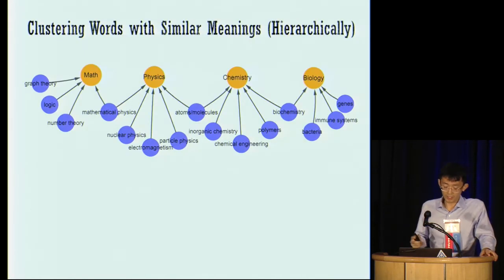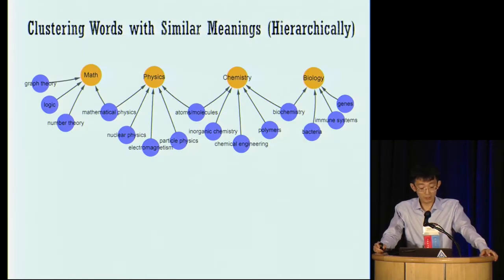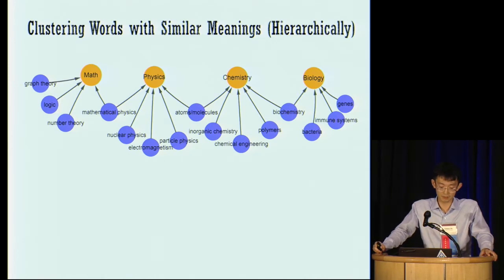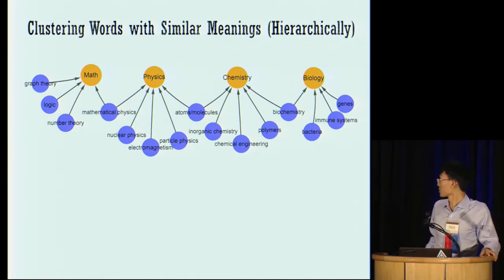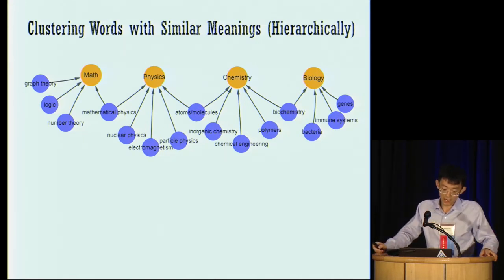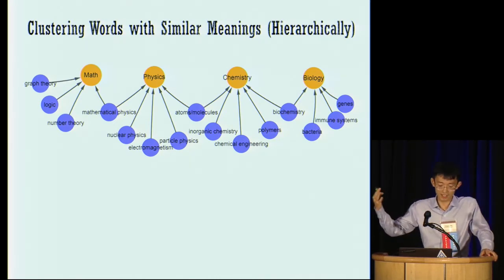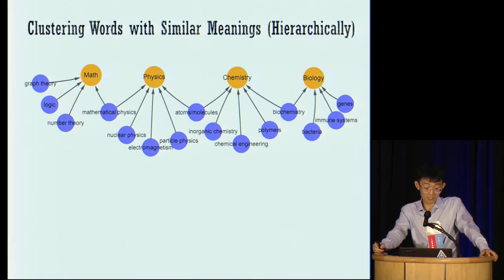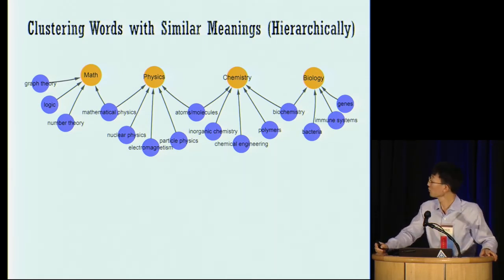And we can also extend this to cluster words with similar meanings. We have a very large vocabulary size, like 6K words, but here let me just show a subset of them and a subset of the clusters about scientific words. We found these small purple clusters, for example, a cluster about graph theory, a cluster about logic, a cluster about number theory, and so forth.